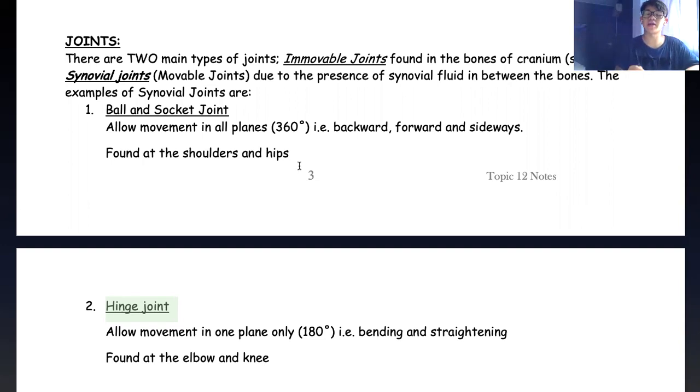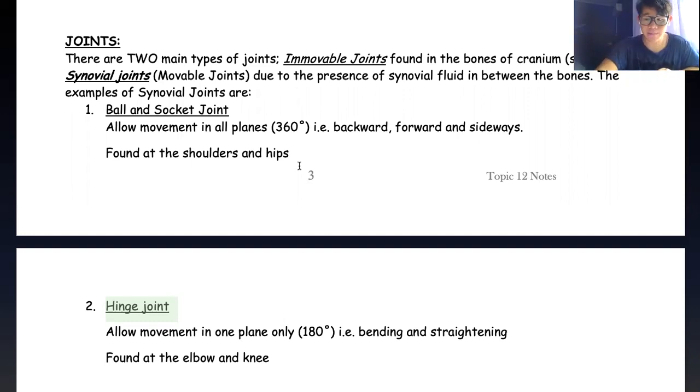Okay. So arah kaki kamu dapat kaki kamu cani, right? So those is the plane joint. So these are all example of synovial joints. Okay, the movable joints, right? But the ones that we should know is ball and socket and hinge joint. So ini yang kami mesti tahu saja.